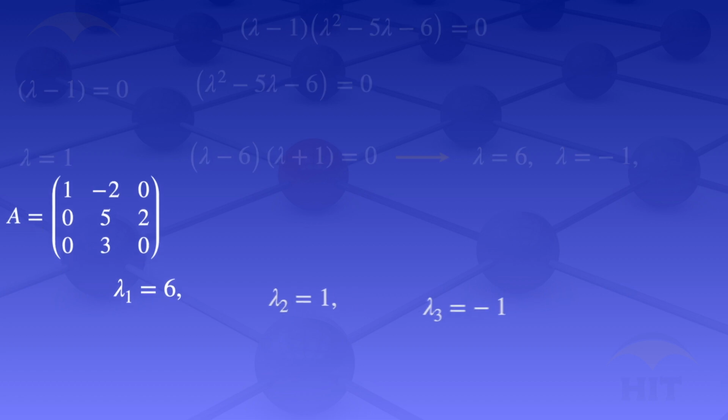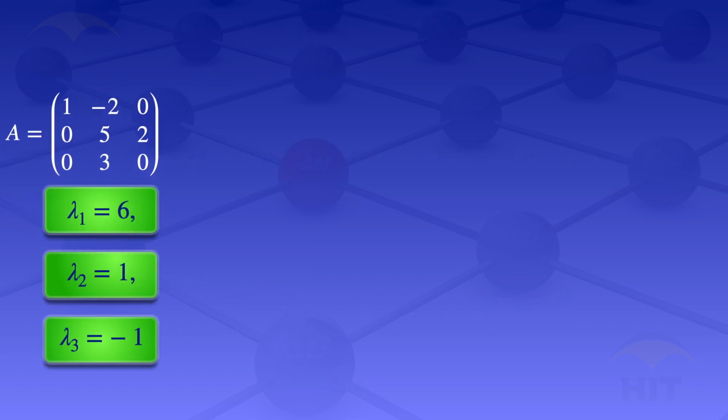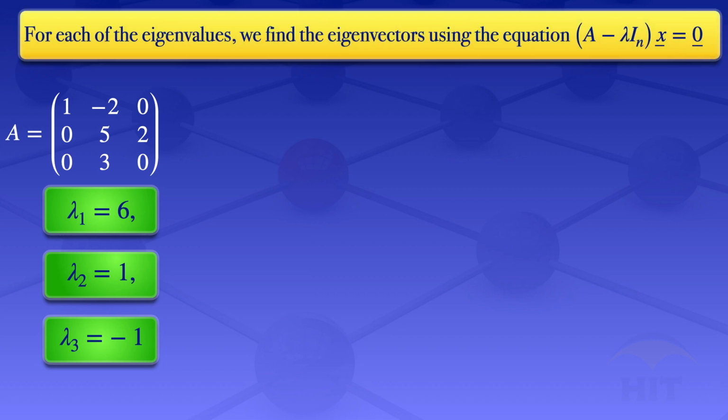So we have those 3 eigenvalues, and for each of the eigenvalues we are going to find an eigenvector using the equation that we mentioned earlier, A minus lambda I multiplied by the vector x equals the 0 vector. So I write that equation.